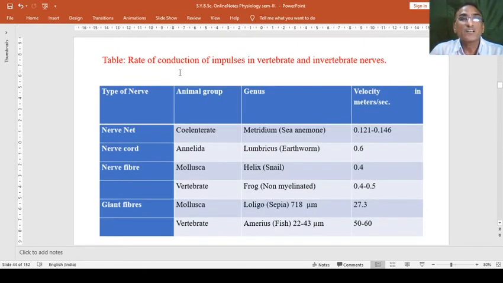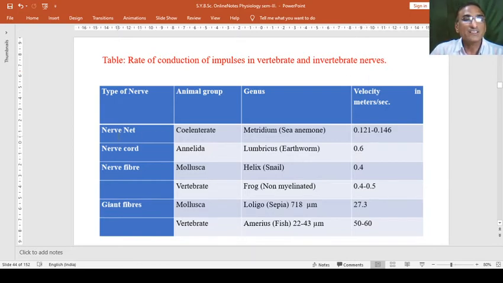The rate of conduction of impulse in vertebrates and invertebrates is different. Even though nerves are the same everywhere, the structure, fiber and nature are different, and therefore the velocity and speed of conduction is different.